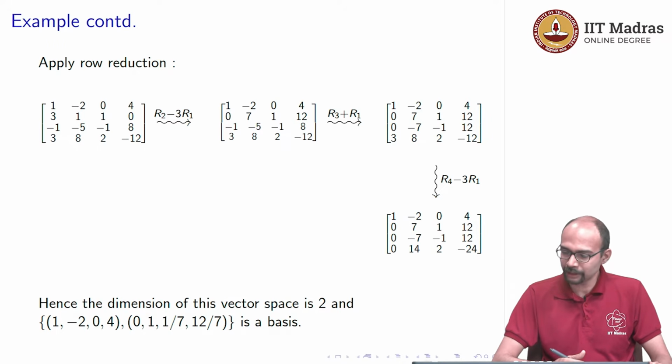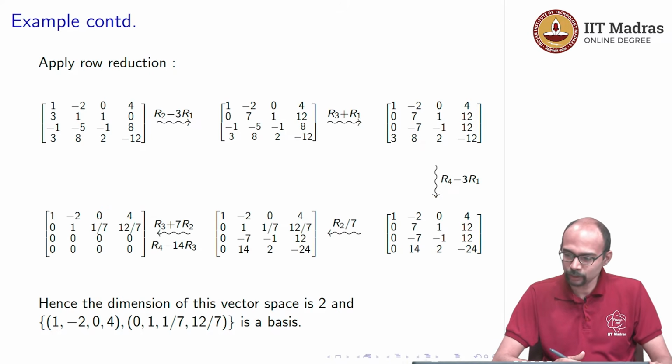So, now we continue our process. We want to look at this smaller matrix consisting of the 3 by 3 part, and we will try to row reduce that. So, we already have a 7. So, I will divide R 2 by 7.